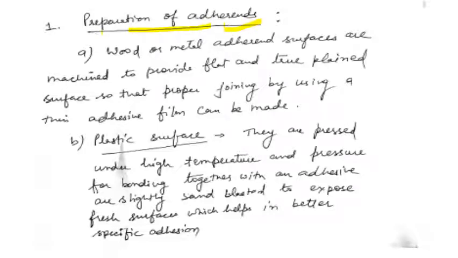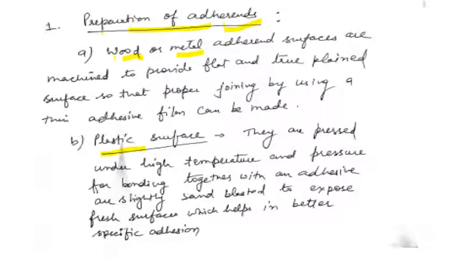What is an adherent surface? It is the surface on which we have to apply the adhesive. So it can be of wood, it can be of metal, it can be of plastic.